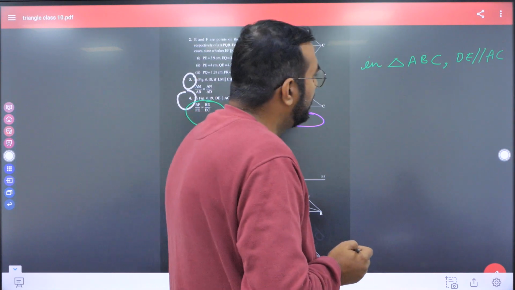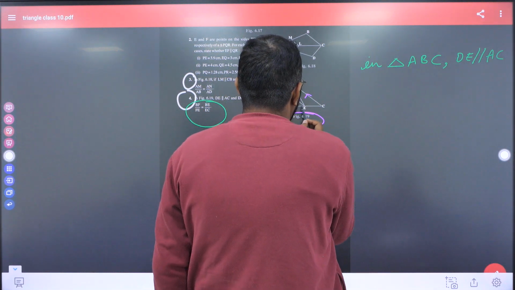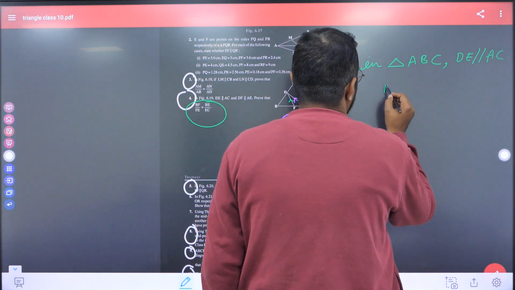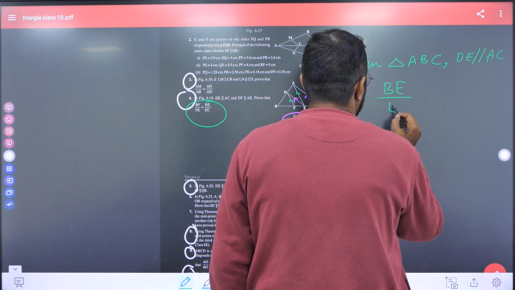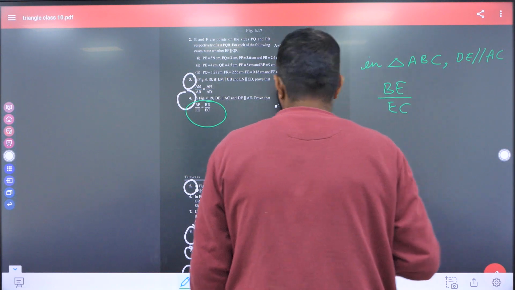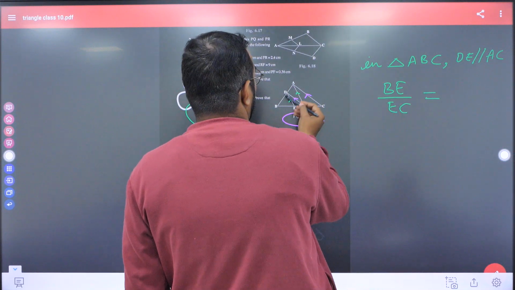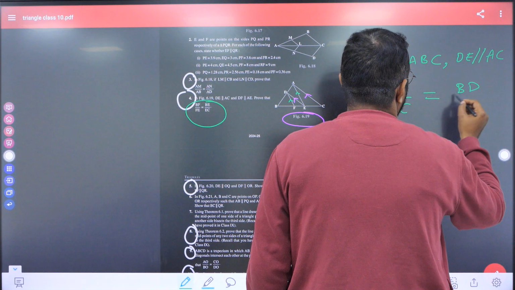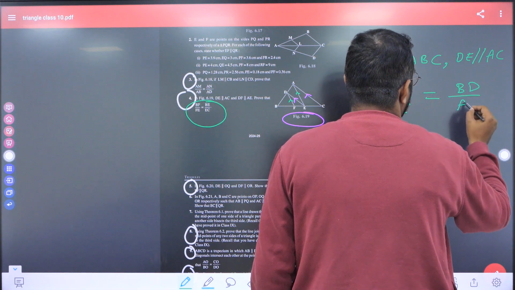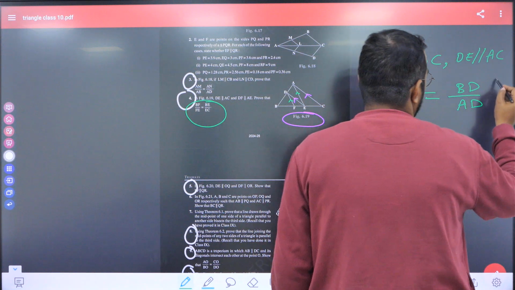So what can we deduce from DE parallel to AC? We can deduce that BE upon EC is equal to, very good, BD upon AD or DA, right? By BPT.